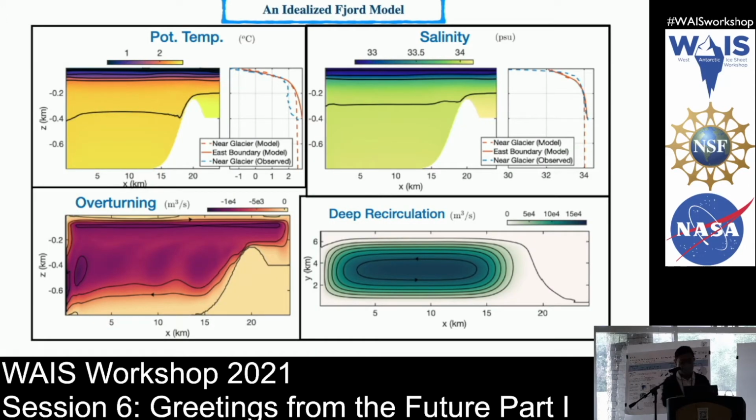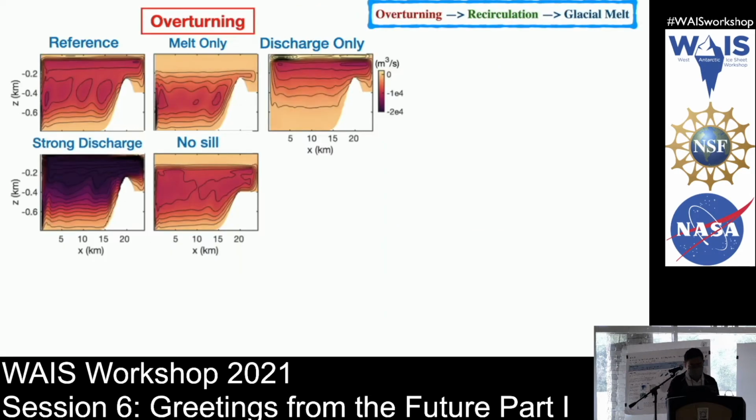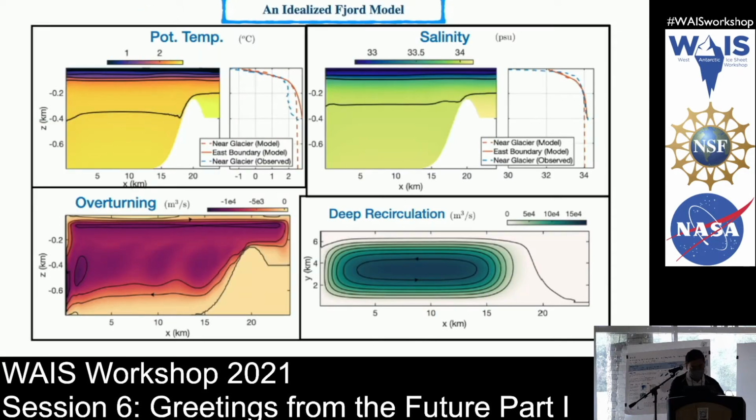Here's just giving you a better sense of what the hydrography looks like within an idealized fjord. So the temperature profile. Oops, I think I lost my cursor. Well, in the top left panel, you can see the potential temperature, with, of course, the glacier to your left.